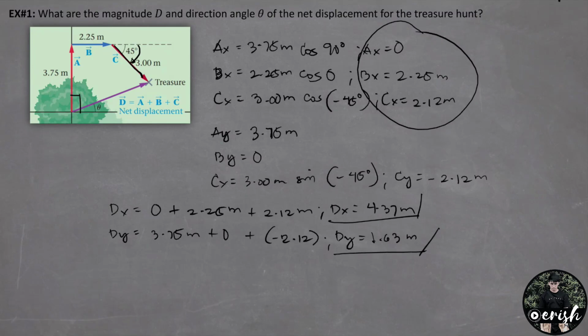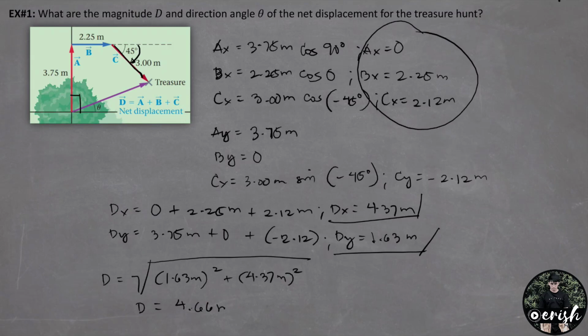Finally, for the magnitude, d is equal to the square root of dy squared plus dx squared. So we have (1.63 meters)² plus (4.37 meters)². The value of the magnitude of d now is equal to 4.66 meters.